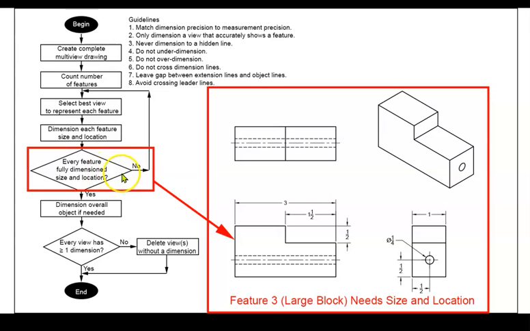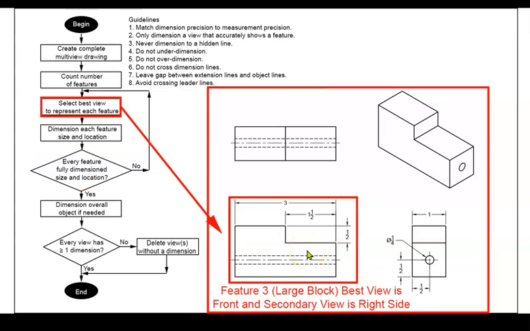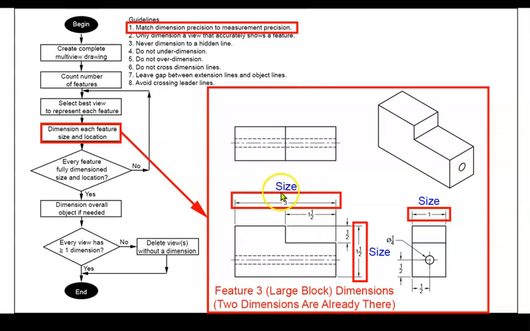Have we dimensioned everything? No, we still haven't given the overall block a dimension. So we're going to go ahead and take a look at that large block. And we need to add the overall height, which hadn't been dimensioned yet.